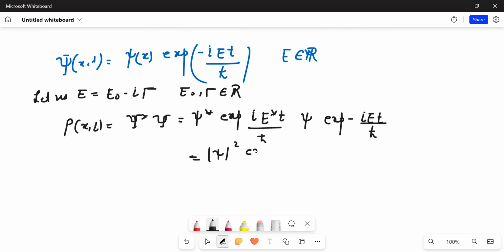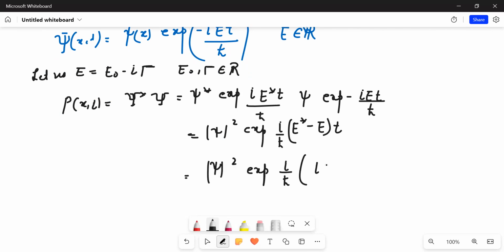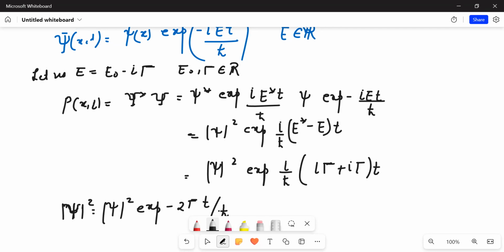And from here it's quite evident that we are getting |psi|² times exponential of E xt. What is E* minus E? E* minus E would be simply equal to... So this probability density, or the norm, would be simply equal to |psi|² e^(γt/ħ). Clearly, this time-dependent term does not drop out while we are evaluating the probability density.